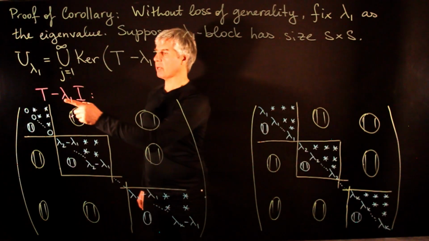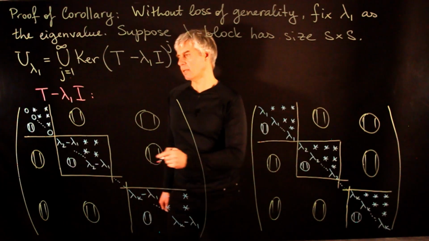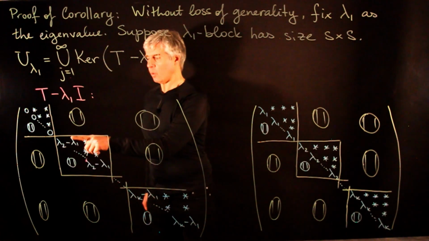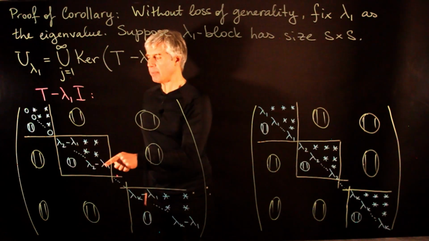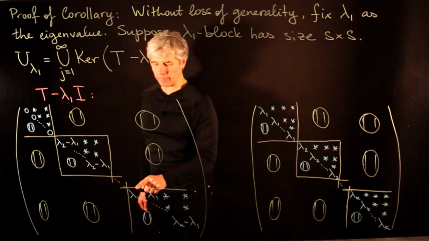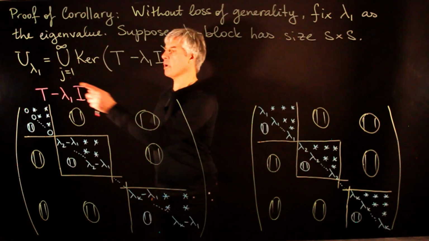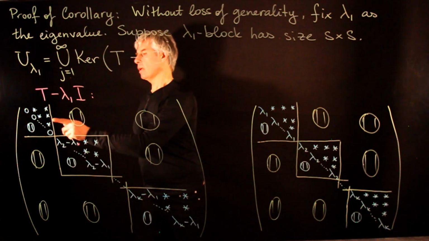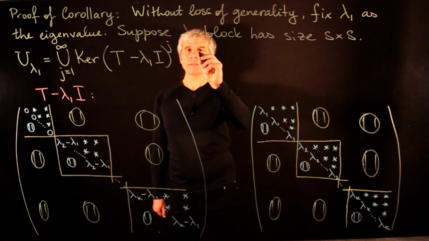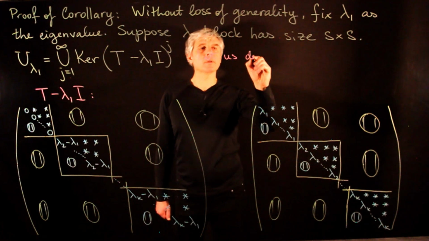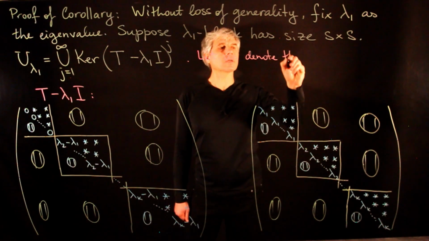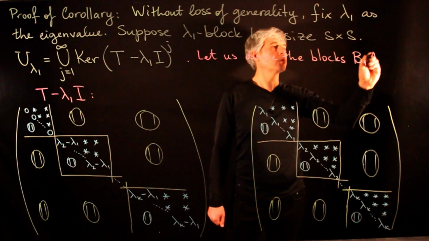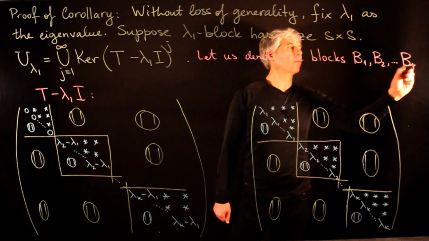Let us consider matrix T minus lambda 1 times identity. In the first block, we will acquire zeros along the diagonal. But in all other blocks, we still have upper triangular matrices, and the diagonal entries are non-zero. When we raise this matrix to the power of j, we are raising to the power of j each diagonal block. Let us denote the blocks b1, b2, up to bk.